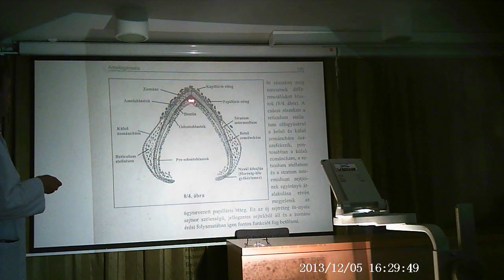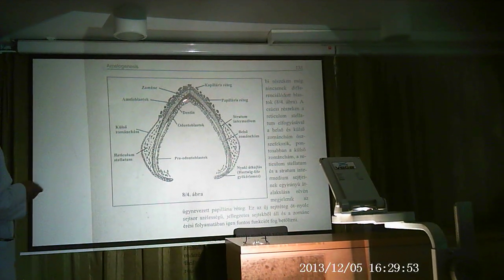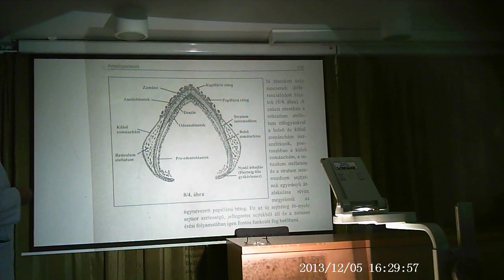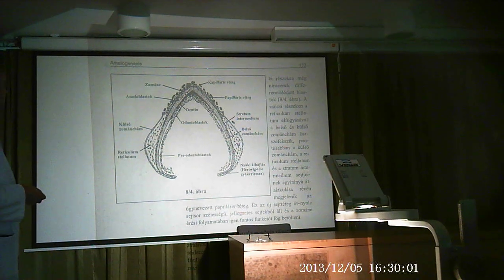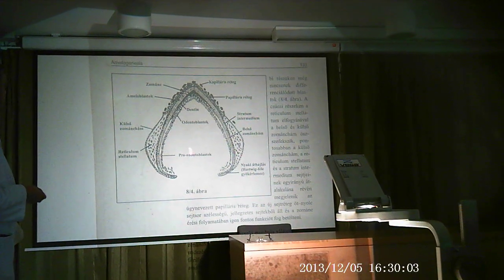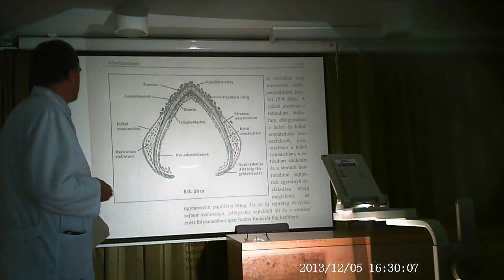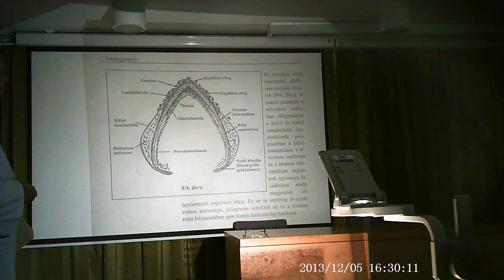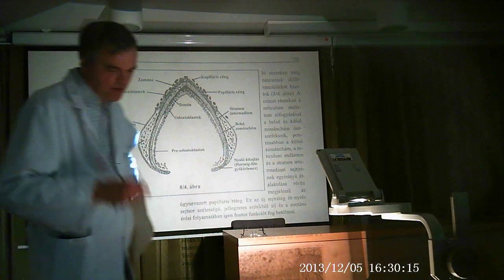And here you can see the cusp-tip is producing odontoblast dentin, ameloblast enamel, but near the neck region only the pre-odontoblast is differentiating, from which cell? Pre-odontoblast differentiating from papilla, dental papilla cell, ectomesenchyme cell.